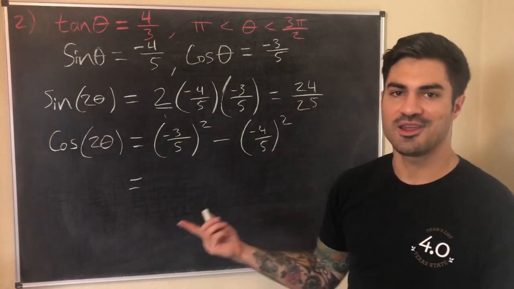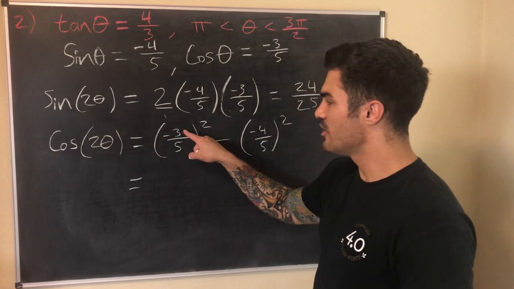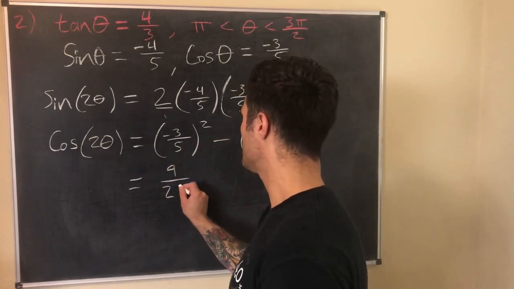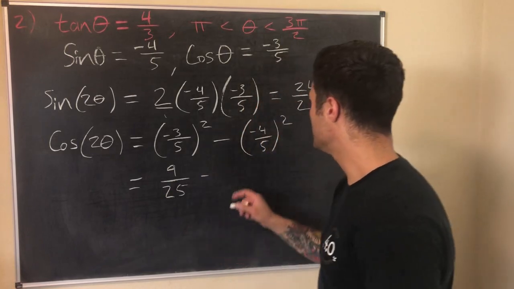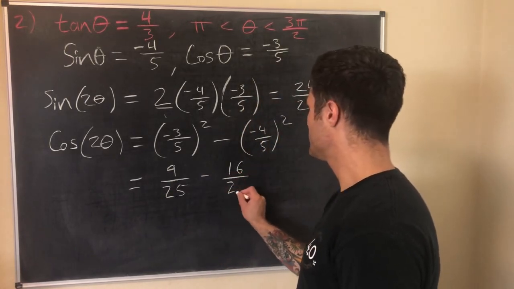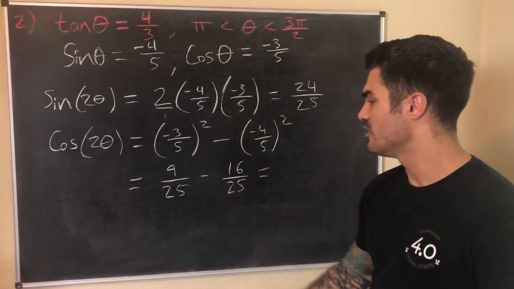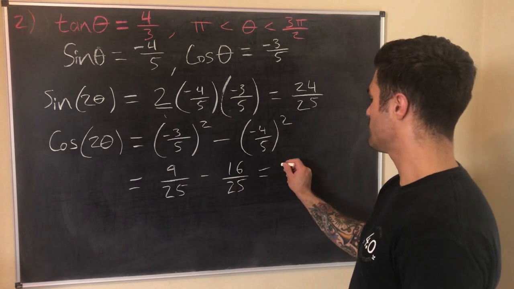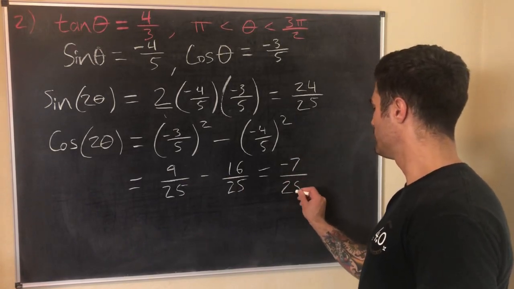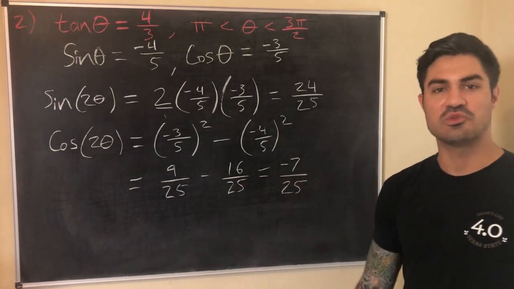The negatives are going to cancel because we're squaring, right? So our result here is going to be positive. 3 times 3, that's 9, over 5 times 5, that's 25. Minus 4 times 4, that's 16, over 5 times 5, that's 25. And I already have this nice common denominator, so I can just subtract across, and what I'm left with is -7/25. So we found sine of 2 theta and cosine of 2 theta.